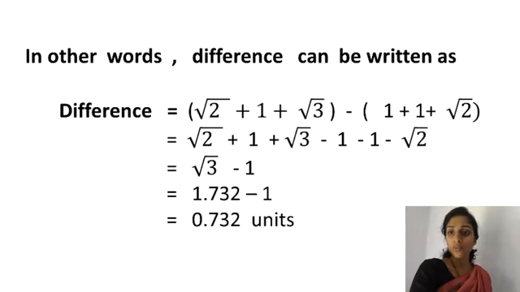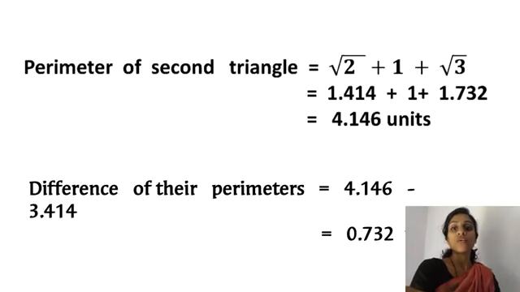Taking the elements without brackets, we have root 2 plus 1 plus root 3 minus 1 minus 1 minus root 2. Then it simplifies to root 3 minus 1, and substituting the value of root 3, we get 1.732 minus 1, which is equal to 0.732 units. This is the value we got earlier also.